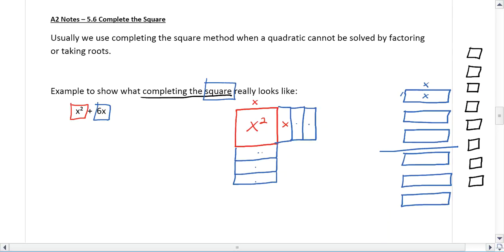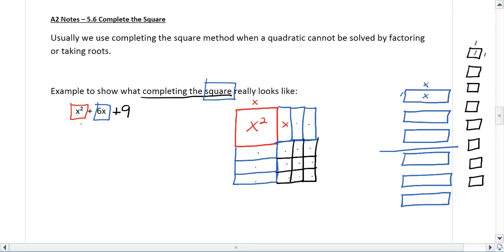Now to complete the square, the question becomes, how many of these black squares, which represent 1 by 1, do I need to finish filling in and build a square? Since this measures 3 by 3, I'm going to need 9 of them. So I've put in the 9 black squares representing 9 ones, and now I have built a perfect trinomial square. So to complete this square, I need to add 9.